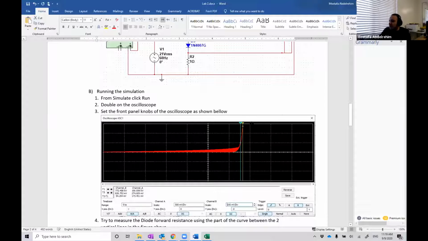In that part we're gonna consider it as a straight line, take any 2 points, in that case this is 0.1, this is 0.2, and calculate the slope to get the forward resistance. So that's what we're gonna do with this. If anything here is not clear, just let me know, please. Now I can go deeper in this using the OneNote.